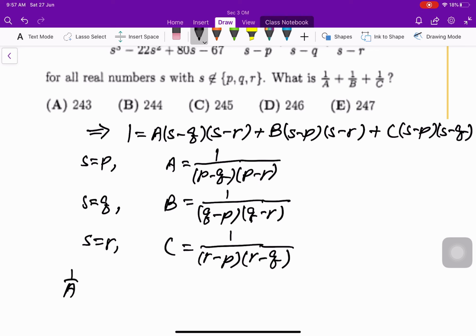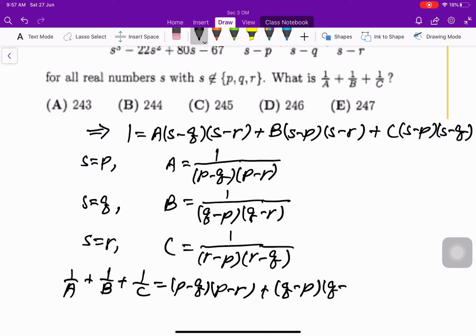That means your 1 over A plus 1 over B plus 1 over C would be just equal to (P minus Q)(P minus R) plus (Q minus P)(Q minus R), and then finally plus (R minus P)(R minus Q).